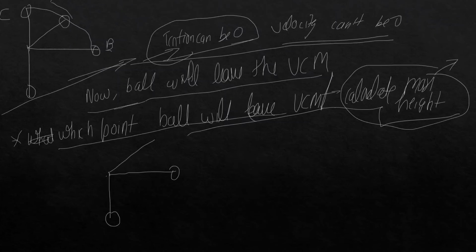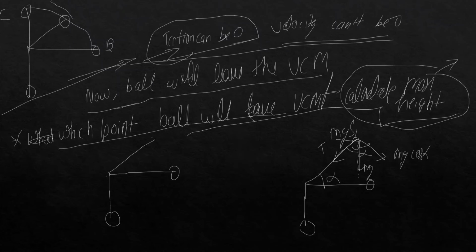Now suppose, like here we are making the diagram, this is the ball, and we know that it has crossed this. Let's suppose it leaves the surface at some angle alpha. So what things are happening at angle alpha? This is tension, this is 90 minus alpha, and this is angle alpha, and this is mg, and mg cos alpha is there, nothing to do with this, and this is mg sin alpha.